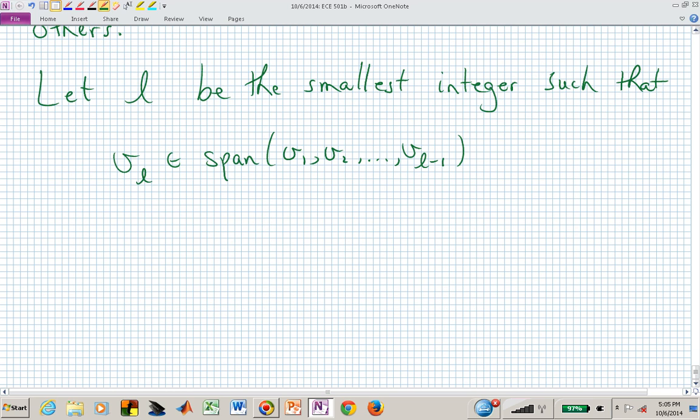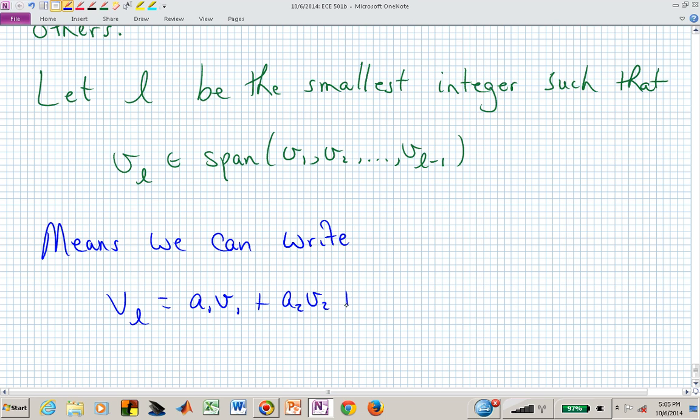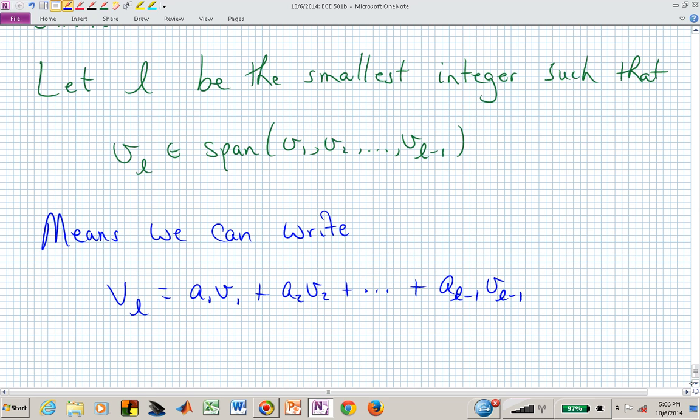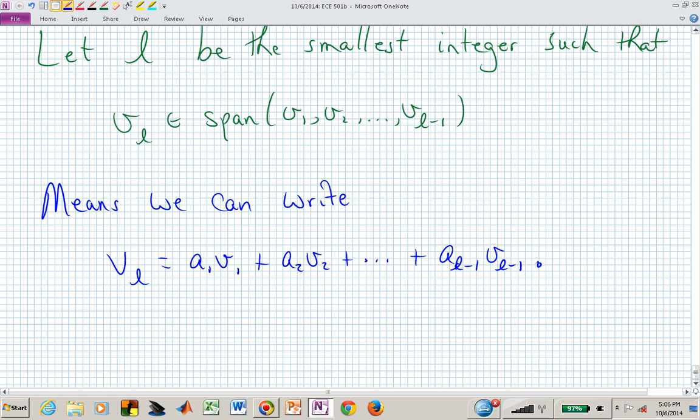So now we have v sub L. That means we can write v sub L as a linear combination of the previous 4 vectors. We now have a1 v1 plus a sub 2 v2 plus up to a sub L minus 1 v sub L minus 1. Now, let's apply our linear map to that vector v sub L. And again, these v's are all eigenvectors.